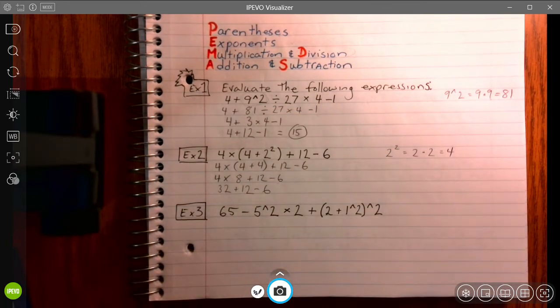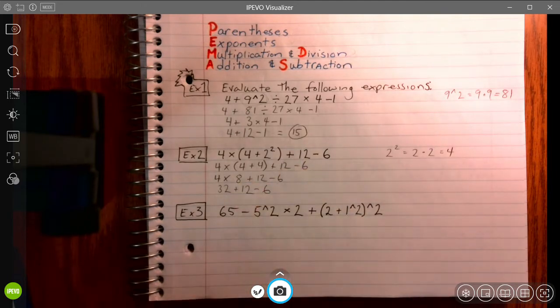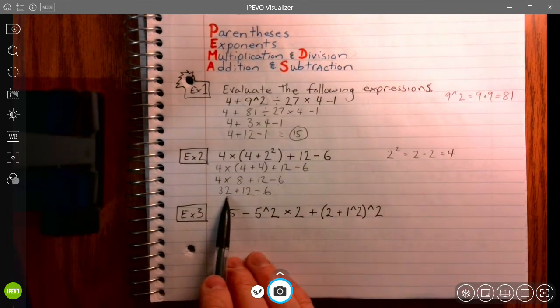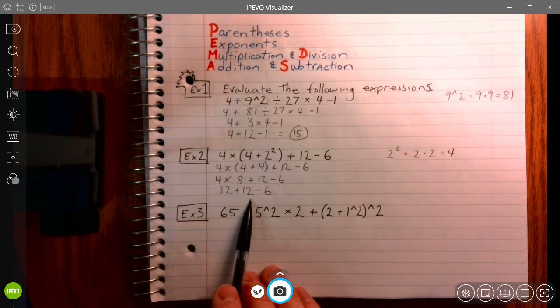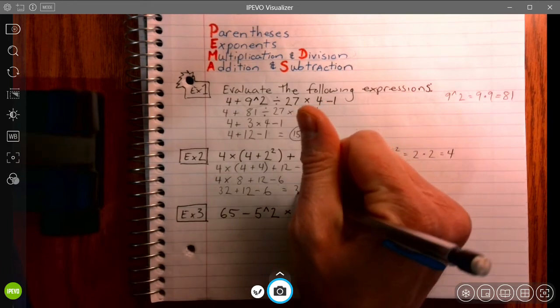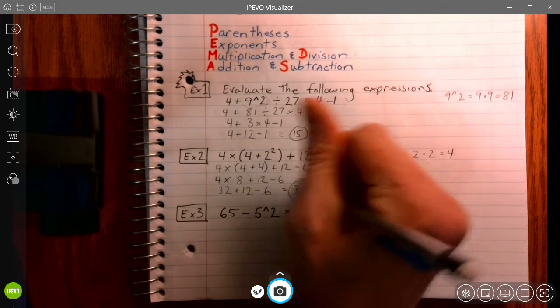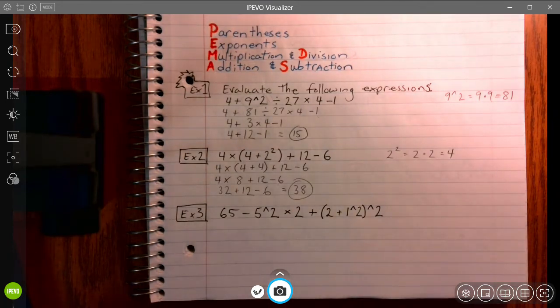Now I can do the last part, which is addition and subtraction. 32 plus 12 is 44, minus 6. 44 minus 6 is 38. And we're done.